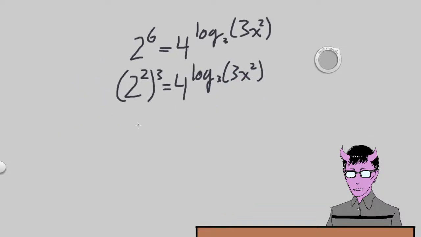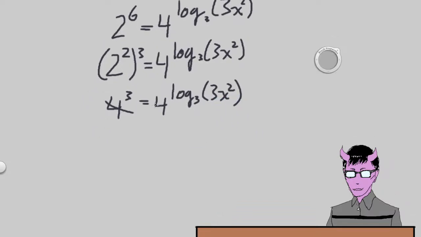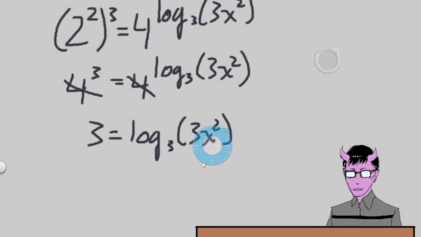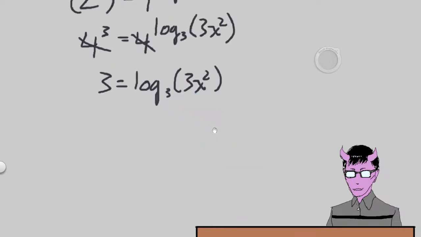All right, so since we have successfully matched the bases, this is base 4 to the power of 3 is equal to base 4 to the power of log base 3 of 3x squared. Drop the base. So we have these two are equivalent. So 3 is equal to log base 3 of 3x squared. All right, looks pretty good. We can simply exponentiate both sides.